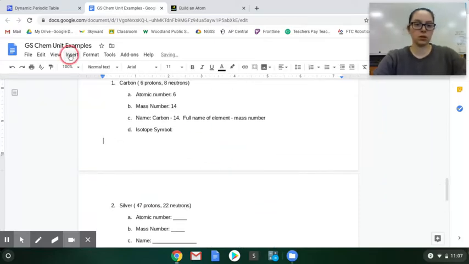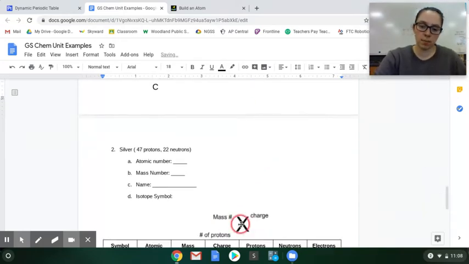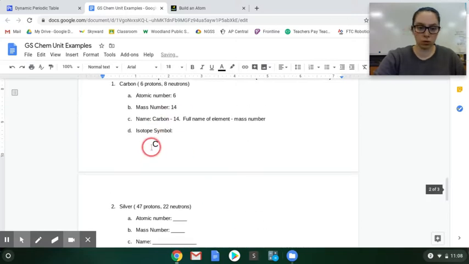I'm just going to make this a little bit bigger. And we're figuring out my isotope symbol. So the middle portion is C, because that's the element symbol for carbon. And then I want to put my mass number in the upper left-hand corner. So I'm going to click right here, and I'm going to do Control, period, and I'm going to put my mass number up here, which is 14.